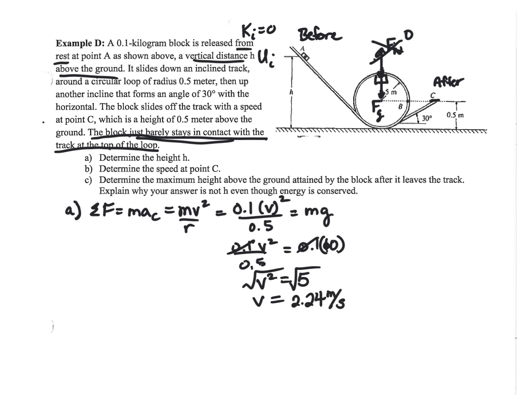So now, why did I do that? Because now I can use that to figure out what's going on. I know it's got kinetic here and it's got potential here.